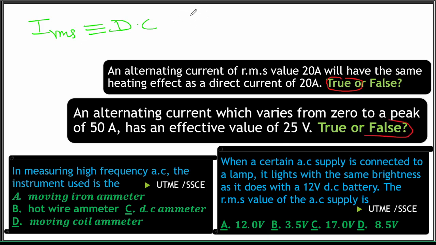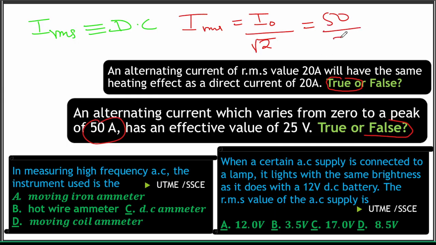Now we already know that the RMS value is equal to the peak value divided not by 2 but by root 2. So if we have 50 as the peak value and we divide by 2, that's when we get 25. But if you divide 50 by root 2, you're not going to get 25.